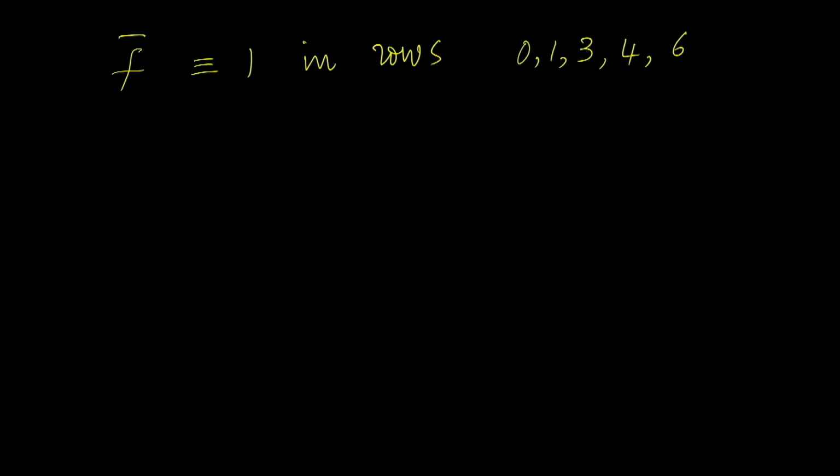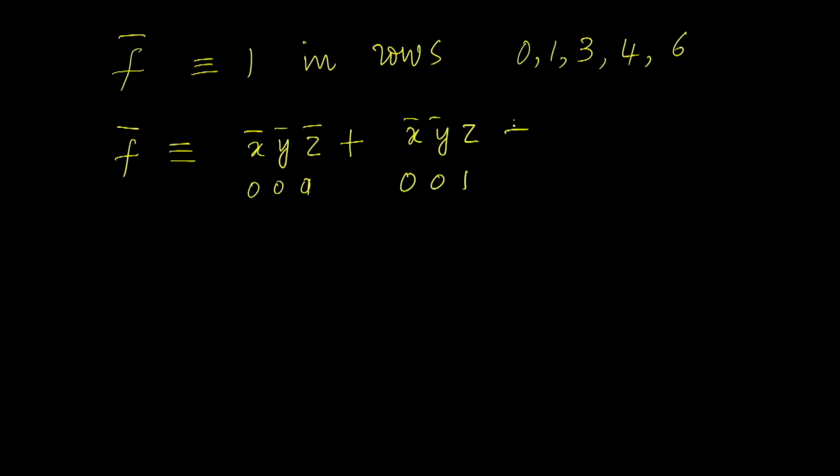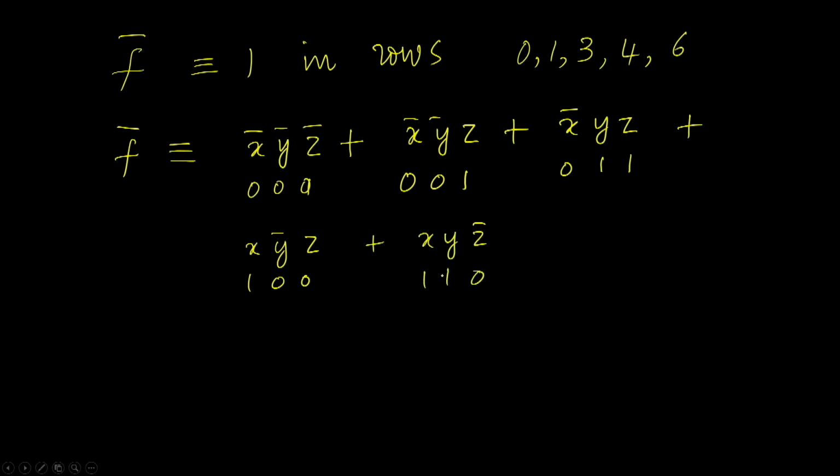Therefore, I can write f bar as x bar, y bar, z bar, which corresponds to 0, or x bar, y bar, z, which corresponds to 1, or x bar, y, z, which corresponds to 3, or x, y bar, z bar, which corresponds to 4, or x, y, z bar, which corresponds to 6.